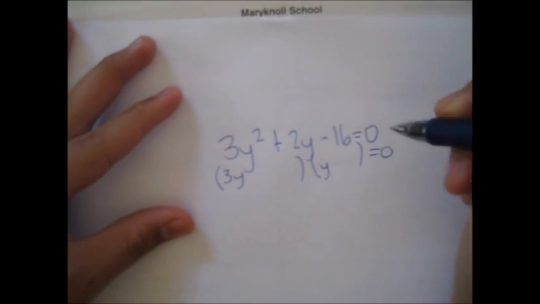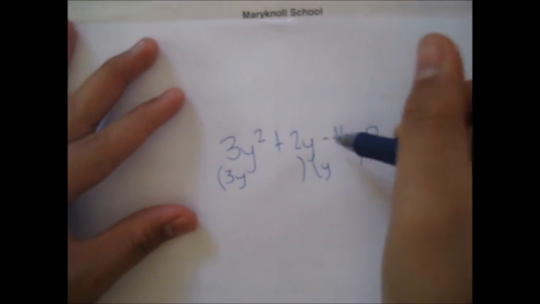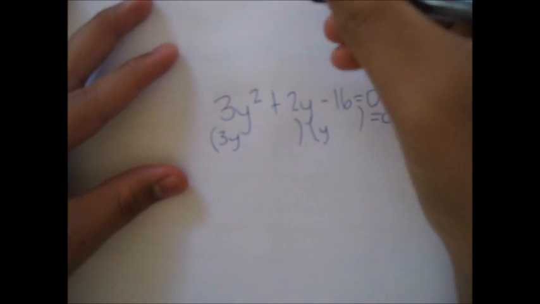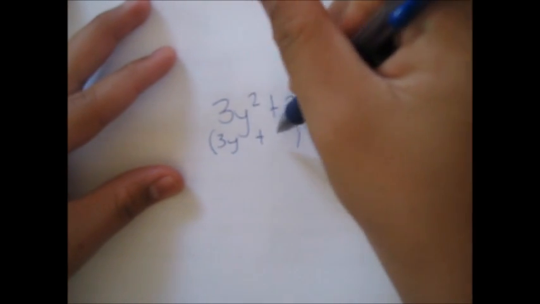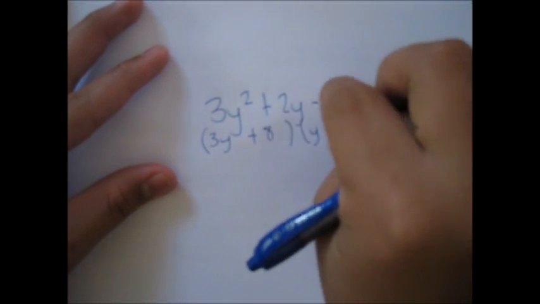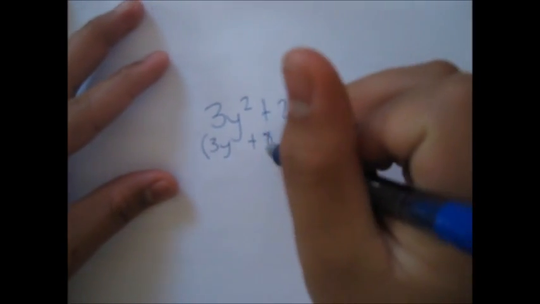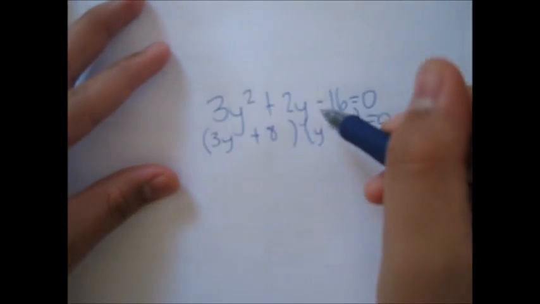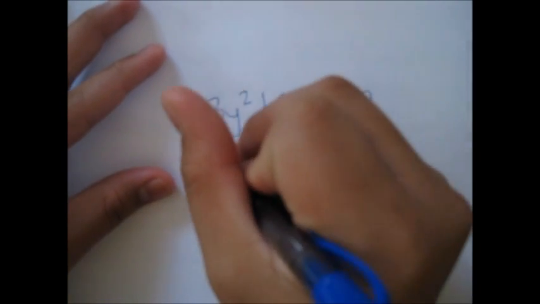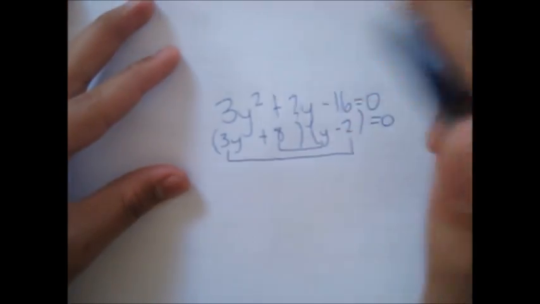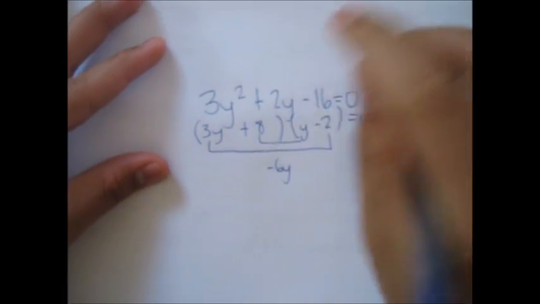Then you want to find factors of the last term in the trinomial, which is -16. And you can find factors of that, and I got +8 and -2. Remember that the position of both numbers might screw up the answer, and maybe take you longer than expected to find the answer.